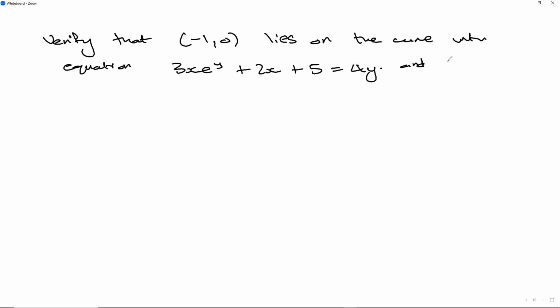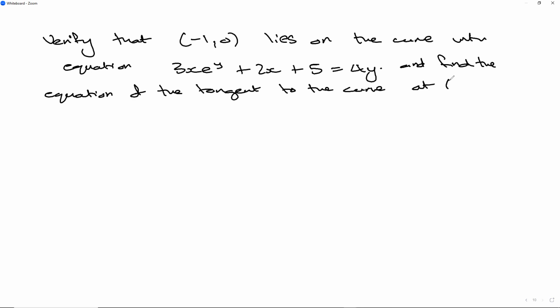And we want to find the equation of the tangent to the curve at -1, 0.